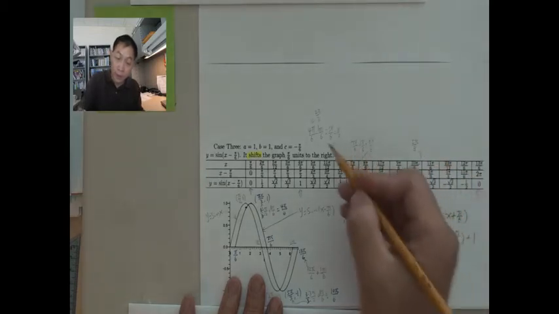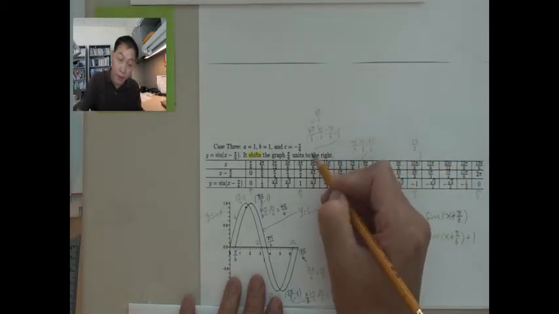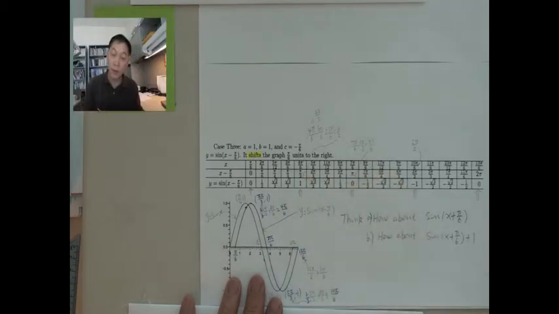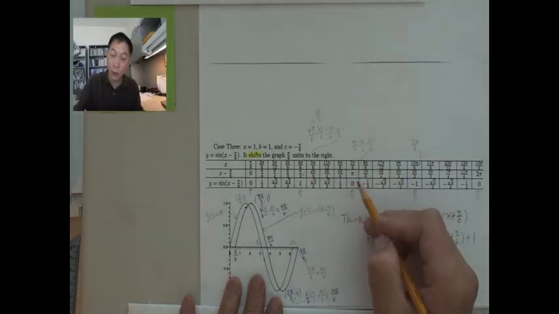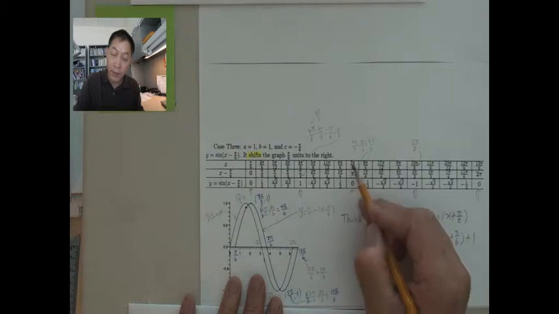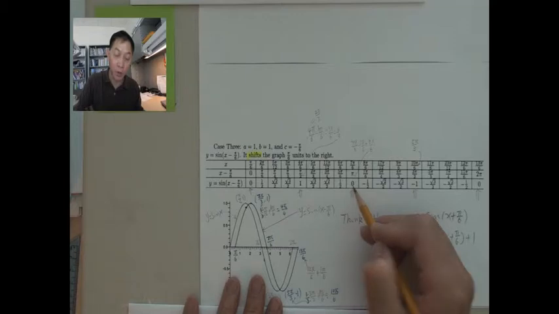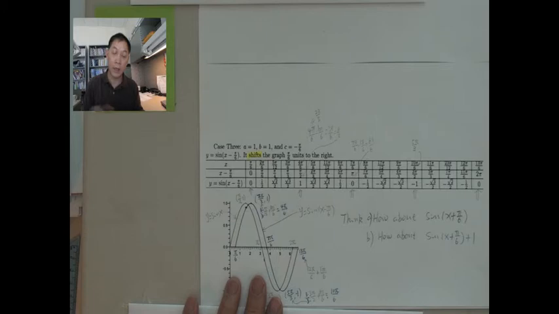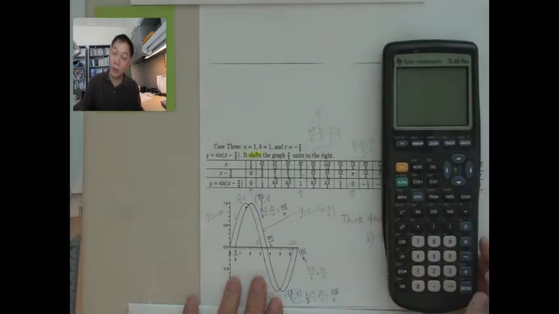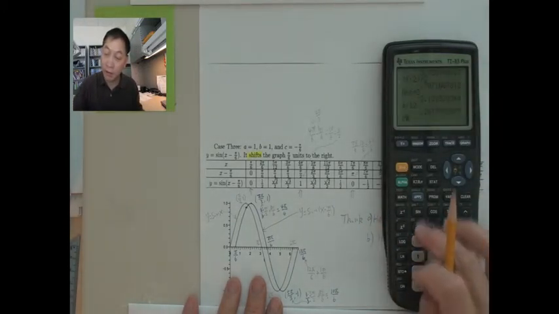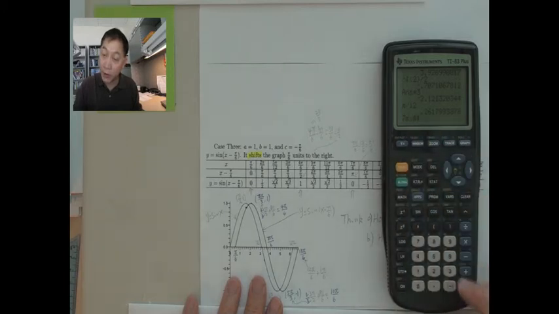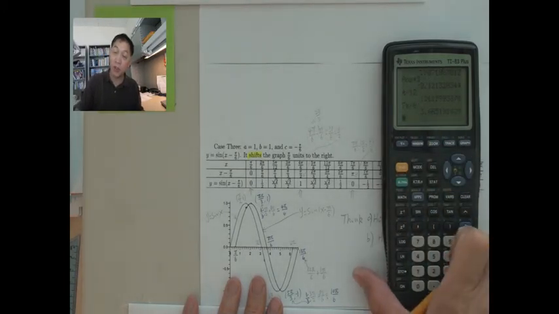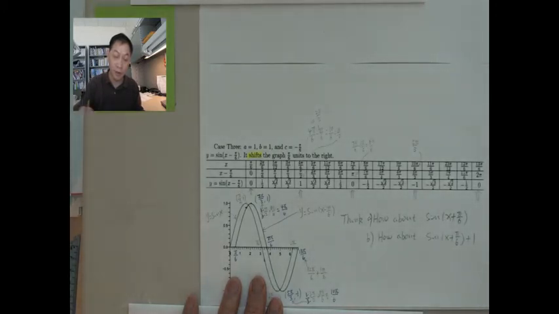So for this one, x equals 7 pi over 6, you have a 0. So 7 pi over 6 is right here. You may calculate also: 7 pi over 6 is about 3.66, close to 3.7.